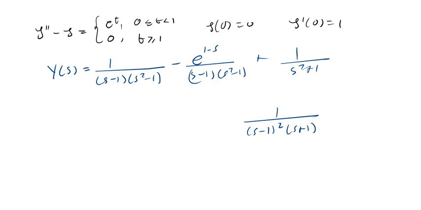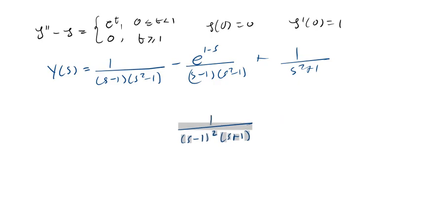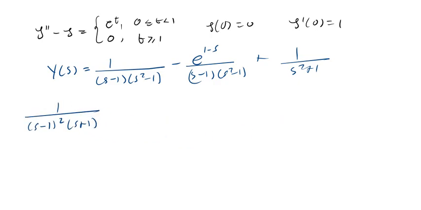So this is now what I'm going to use, and the decomposition that I'm going to write is a over (s minus 1), then plus b over (s minus 1) squared, plus c over (s plus 1), like this.